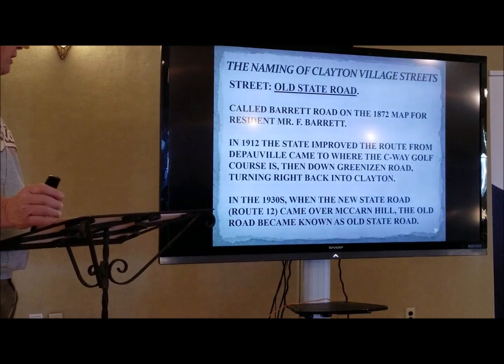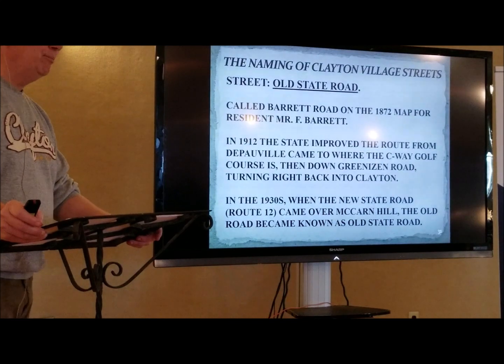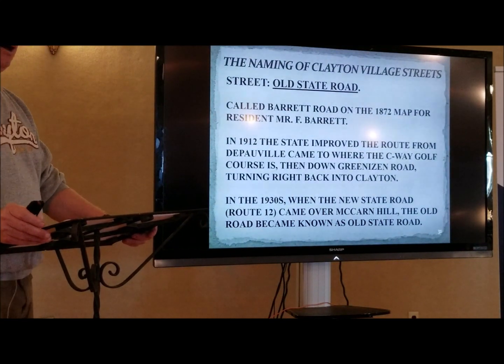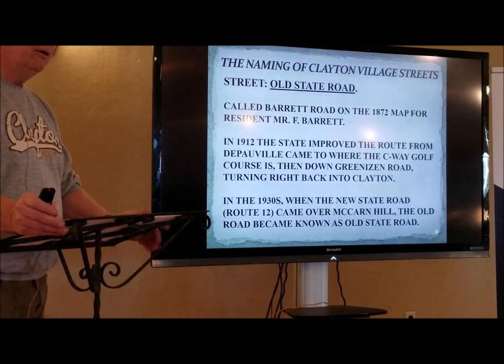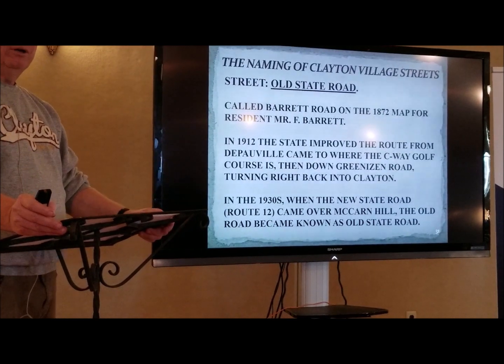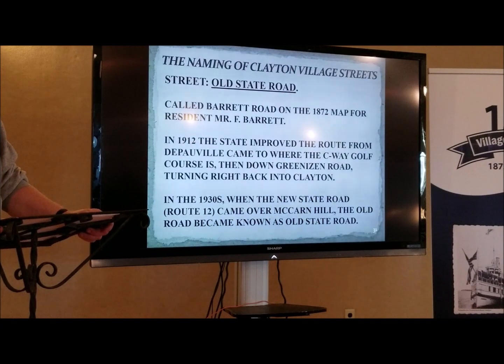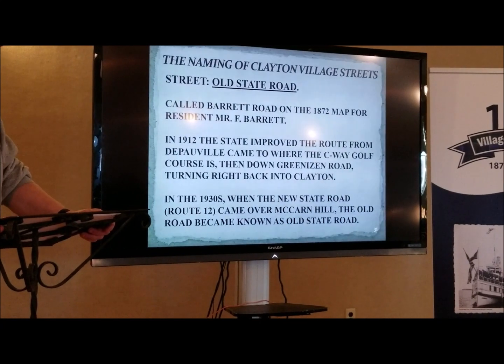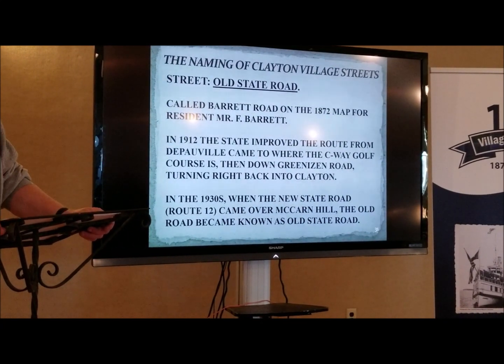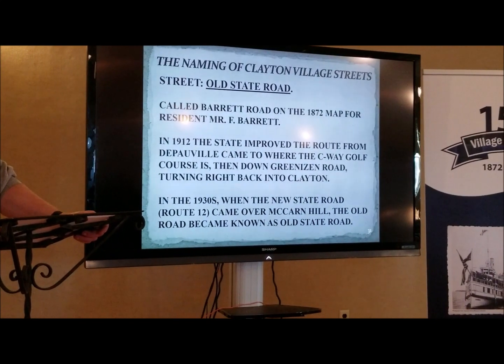The old state road, I talked about that earlier in the beginning. The state road that comes over McCarnes Hill has not always been the state road. In 1912 they did a major road improvement.